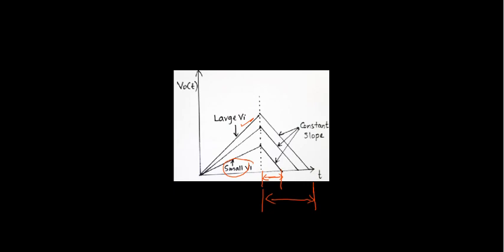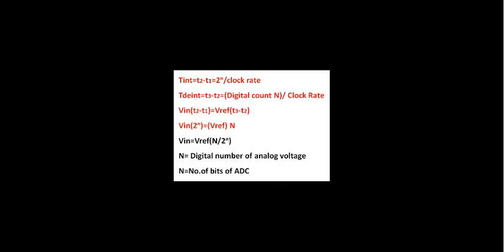Now the same thing, if you want to take from the point of view of an equation. I have TINT equals T2 minus T1. We have already seen this diagram.